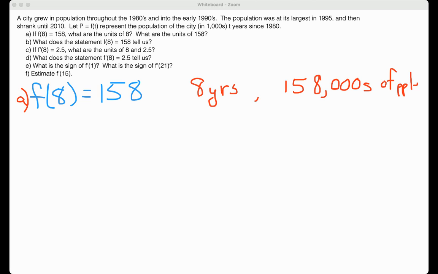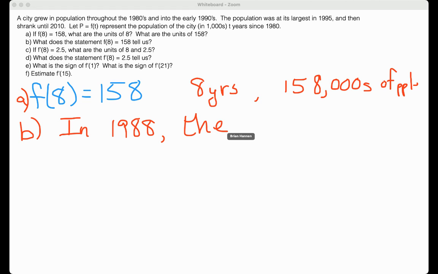Now, think about part B. What does that statement tell us? Well, once again, a very nice problem. What it means is, wait, it's not even 8 years. Technically, it's 8 years after 1980. We're measuring the time since 1980. So I think what this is telling us is, if it says t is 8, we're talking about the year 1988.